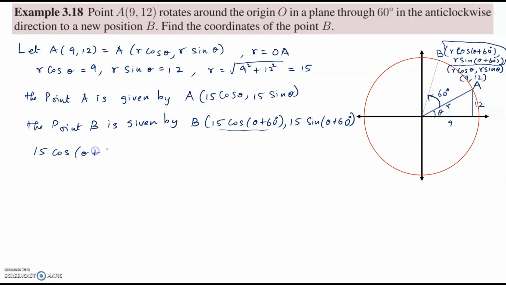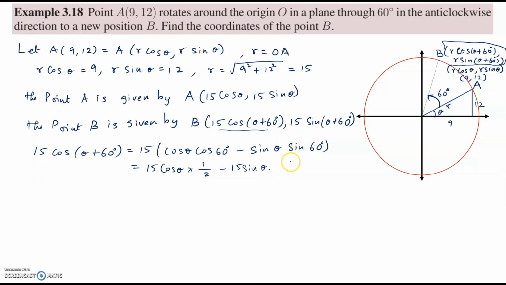cos(theta plus 60 degrees) can be written as cos(alpha plus beta). So 15 into cos theta cos 60 degrees minus sin theta sin 60 degrees. Substituting the values for 60 degrees and moving the 15 inside, we get 15 cos theta into 1 by 2 minus 15 sin theta into root 3 by 2.